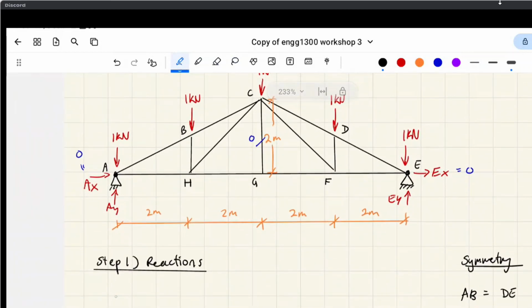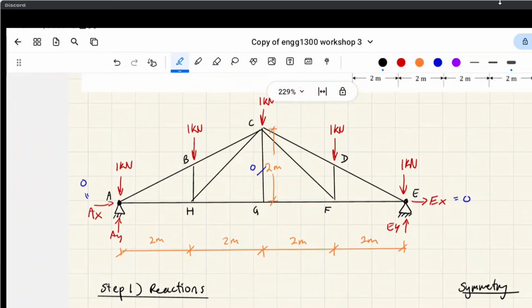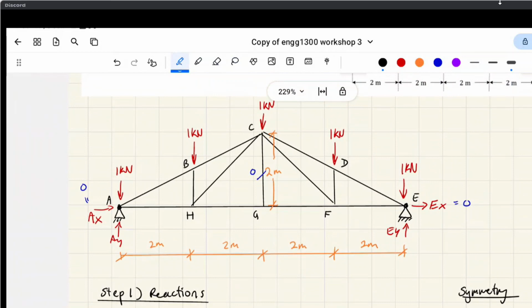You can do the sum of the moments, all that stuff, but I'm going to do a cheeky trick here because of symmetry. Due to symmetry, AY equals EY, which is equal to 1 plus 1 plus 1 plus 1 plus 1 divided by 2.